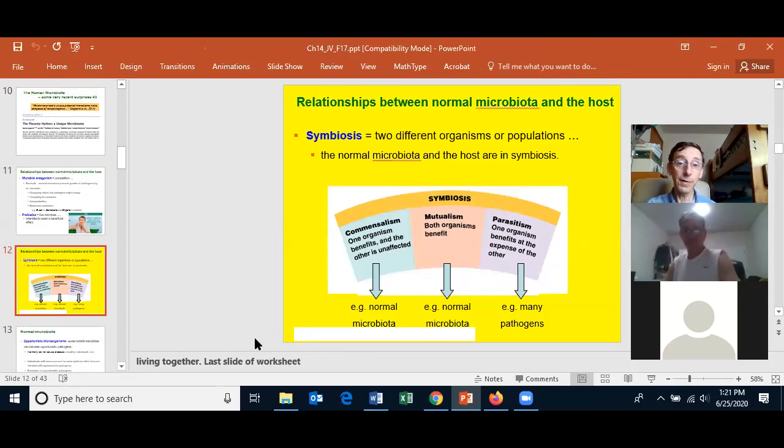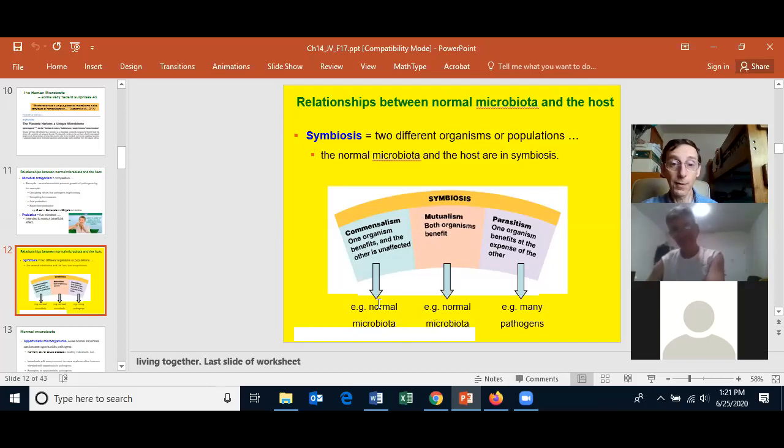So the relationship between the normal microbiota and the host is a relationship of symbiosis, where two organisms or two populations live together. Now the normal microbiota has two symbiotic relationships. The species can be following commensalism, or they can follow mutualism.